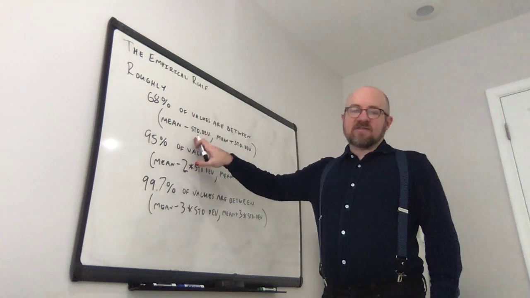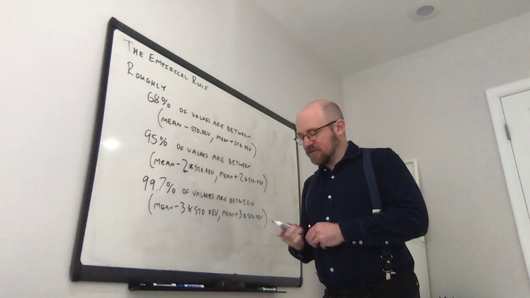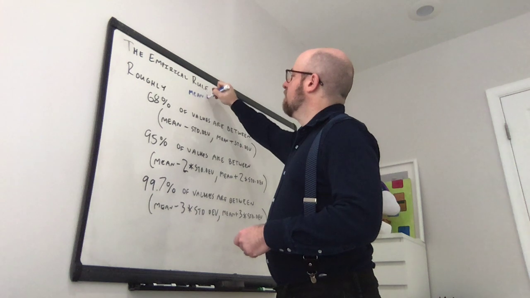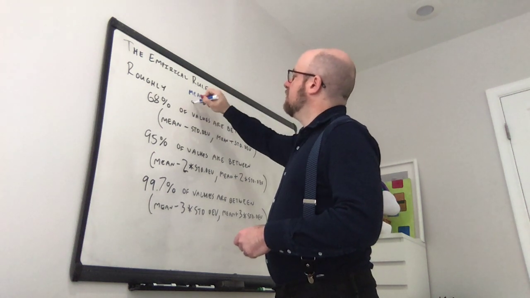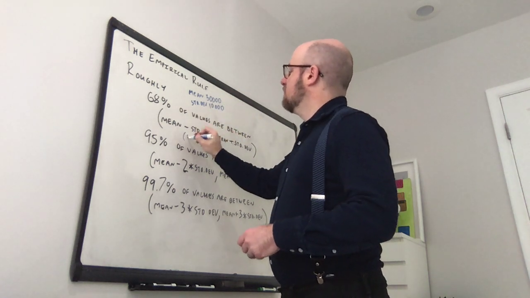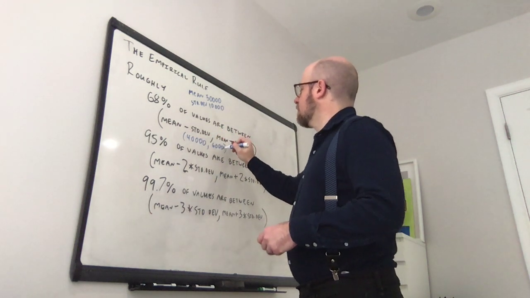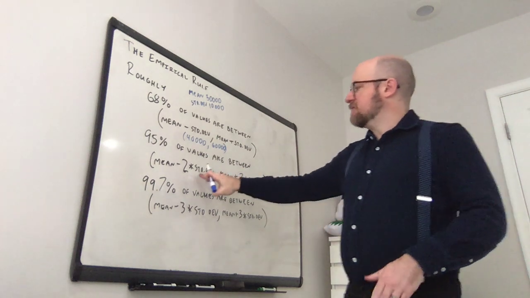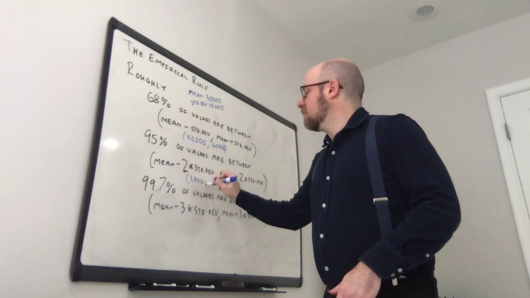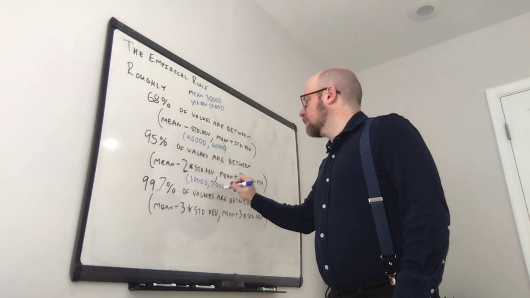So in the case of our problem, in our example, we had mean 50,000, standard deviation 10,000, and so 68% are between 40,000 and 60,000. 95% are between 50,000 minus 2 times 10,000, so 30,000, and 50,000 plus 2 times 10,000, 70,000.